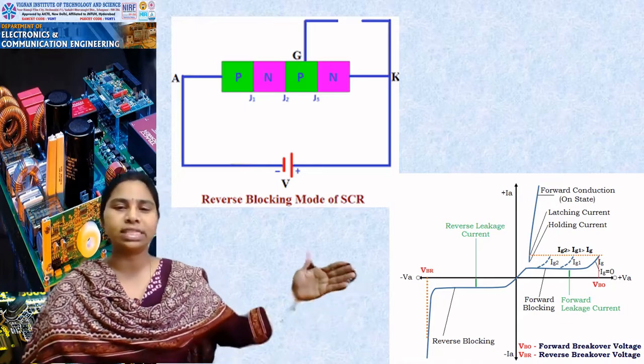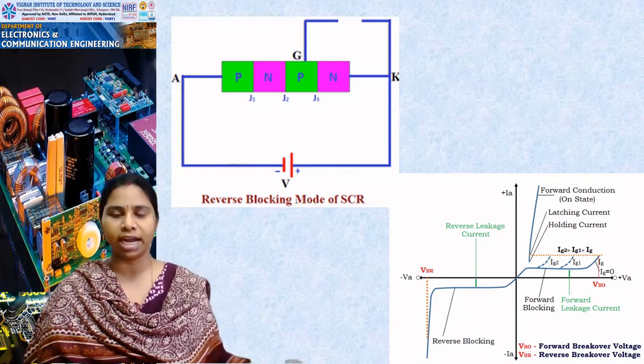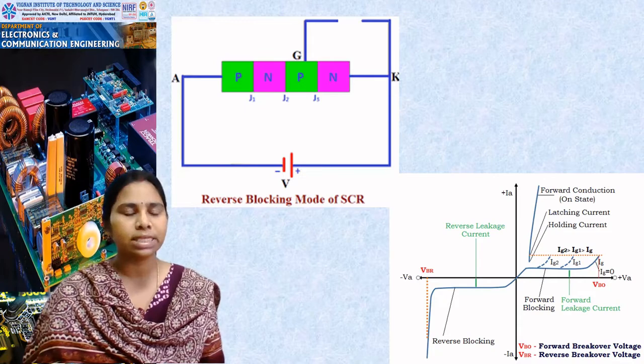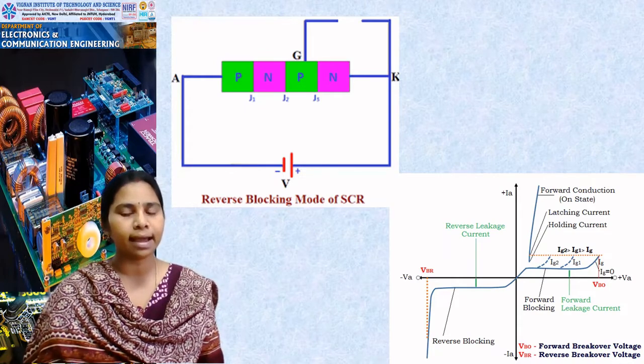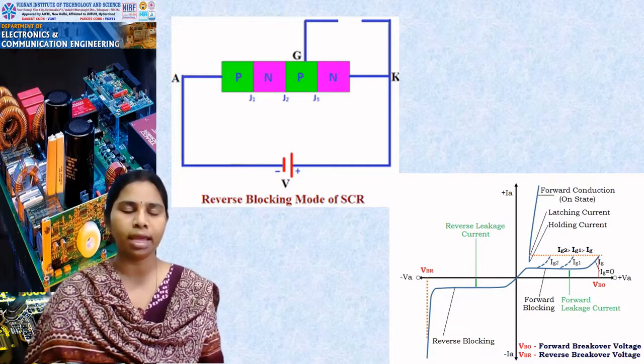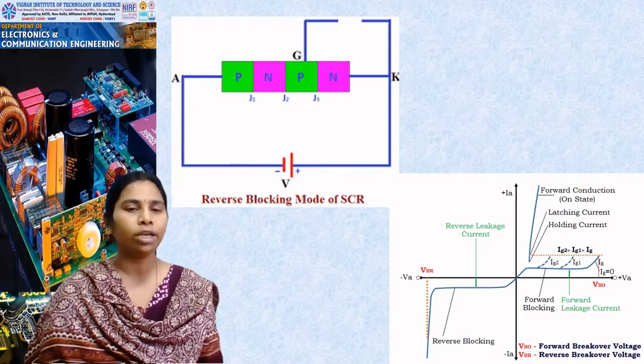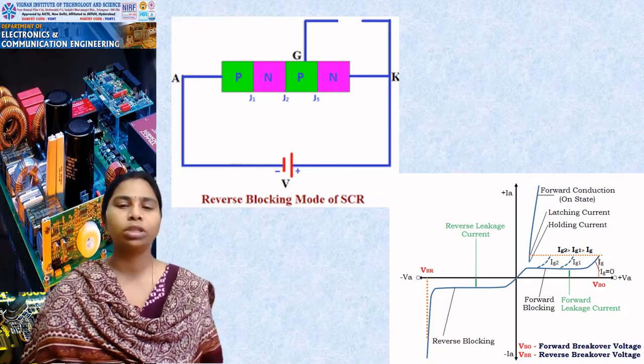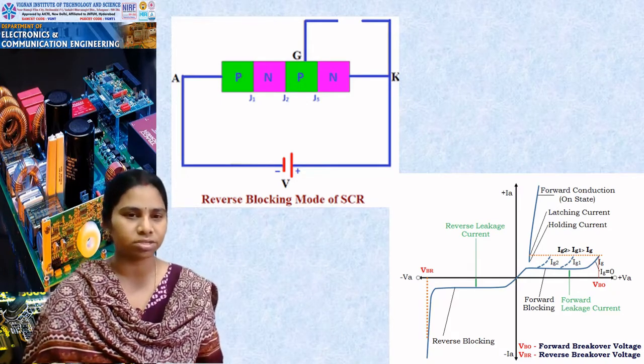Because of that, you will see a heavy flow of current suddenly. So in the reverse bias, until breakdown of J1 and J3 occurs, you will not see any heavy current through the device, and you name it the reverse blocking mode of SCR. So this is the reverse bias characteristics of SCR.